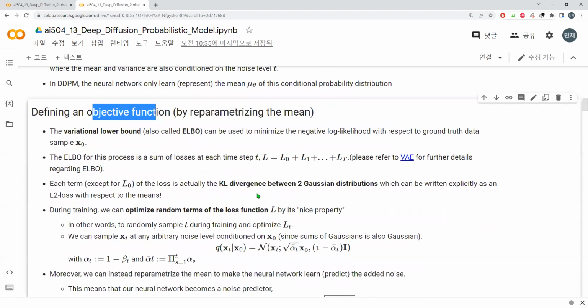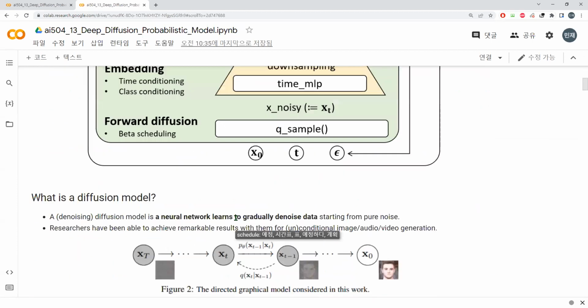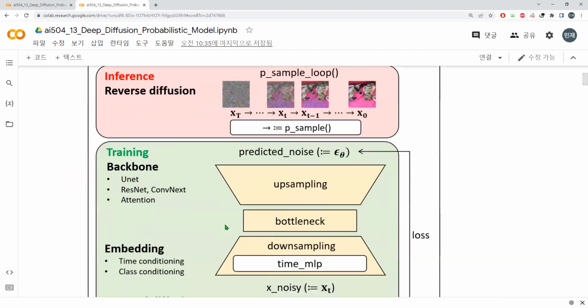Then how can the model know whether it is time step 0 or time step 99? That's your question, right?